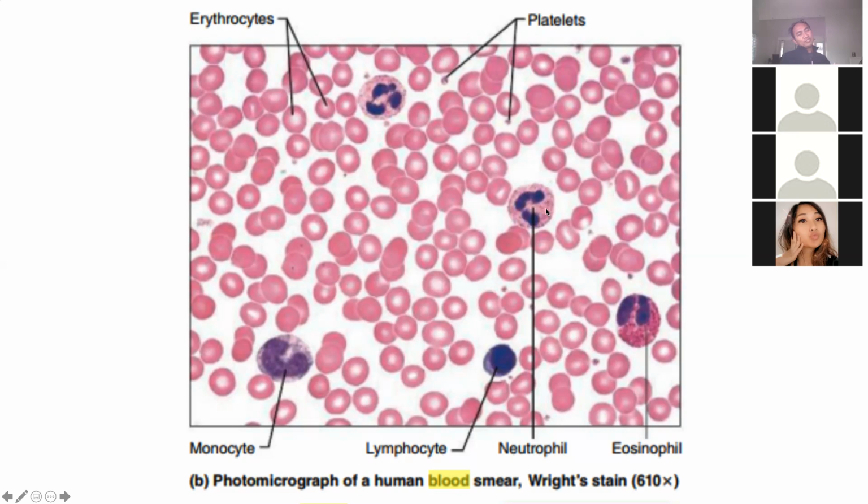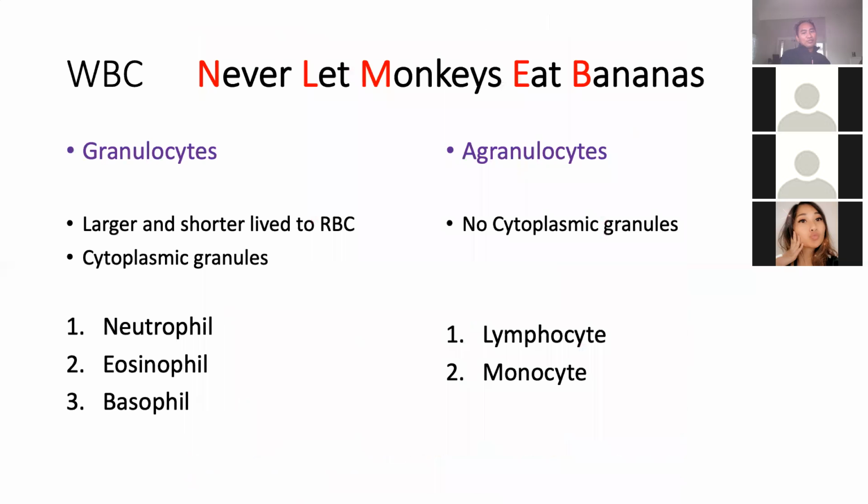Therefore, you say this is a granulocyte. But if you look at the lymphocyte, I can't even see the cytoplasm, and there are no granules, because it is an agranulocyte. Monocyte as well, the same thing, no granules inside the cytoplasm. So now we can see the granulocytes and agranulocytes, and in order of commonness, neutrophil is most common and basophil is least common.